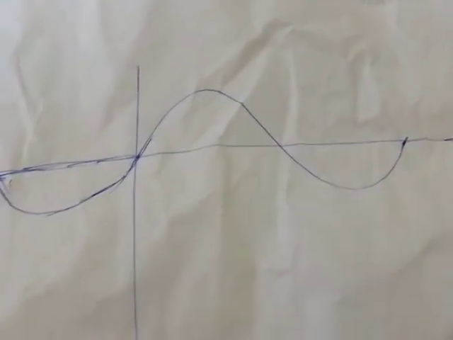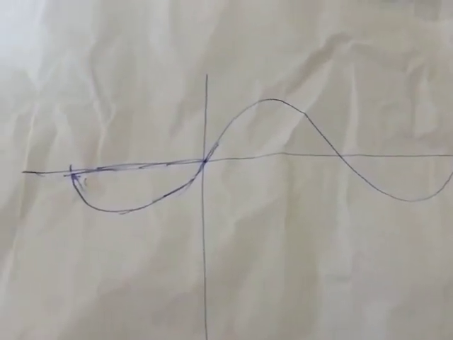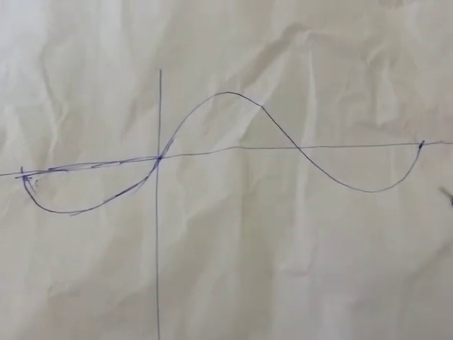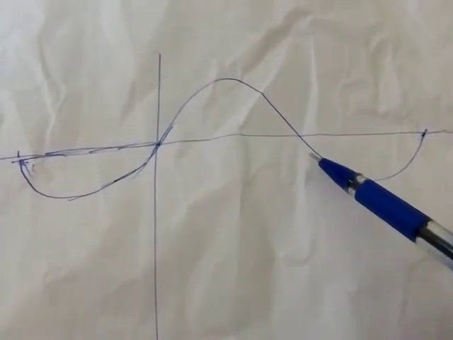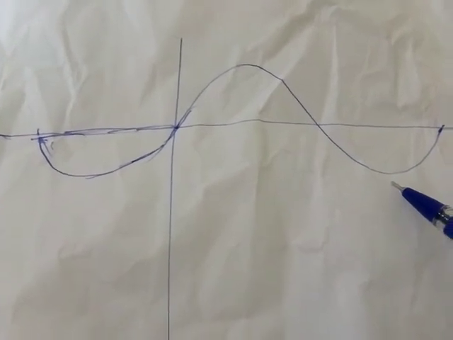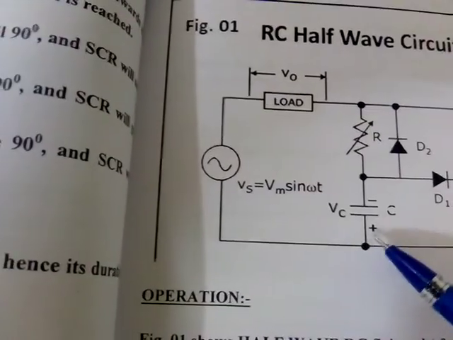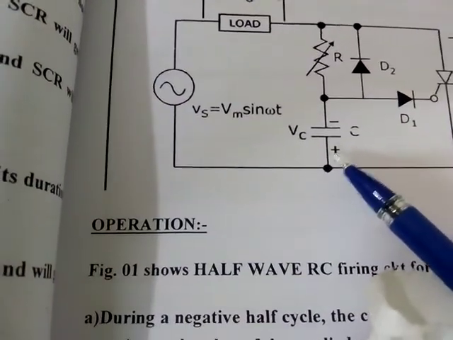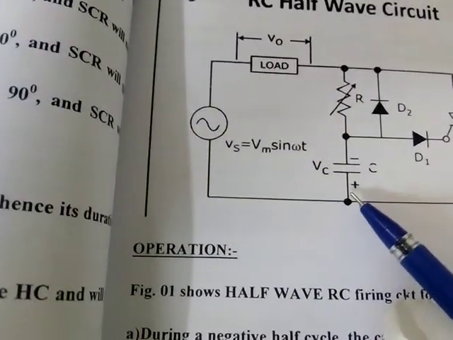Say this is the supply voltage. What happens is, in the negative half cycle, when the supply reaches the negative peak, the capacitor will be charged in this polarity to the full value of supply voltage.